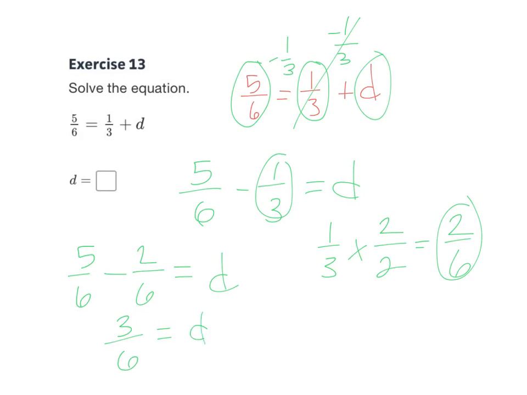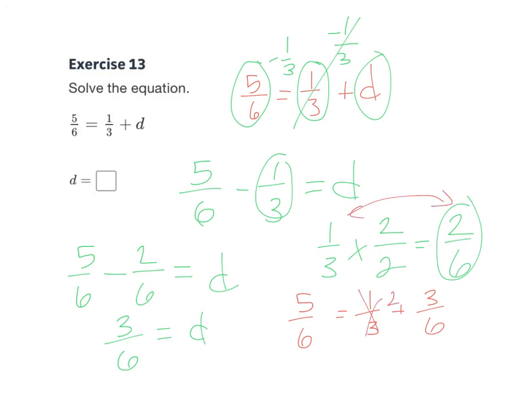Now to check that, I'm going to have 5/6 is equal to a third plus 3/6. Now we know that 1/3 is the same as 2/6.